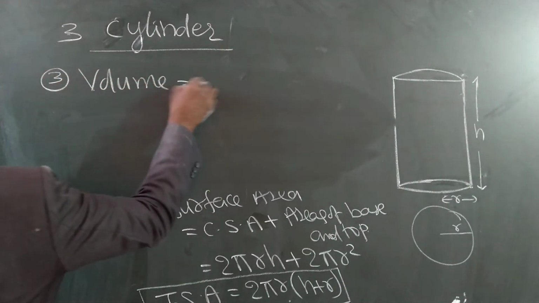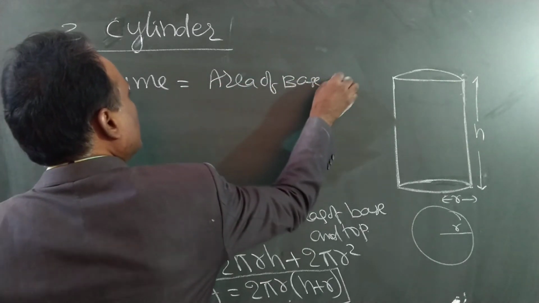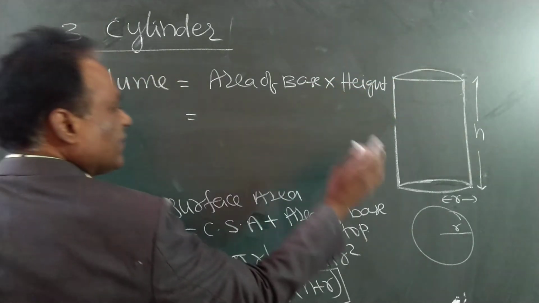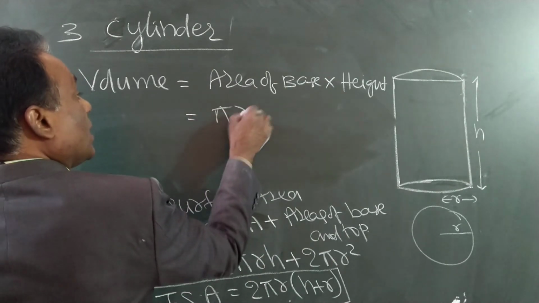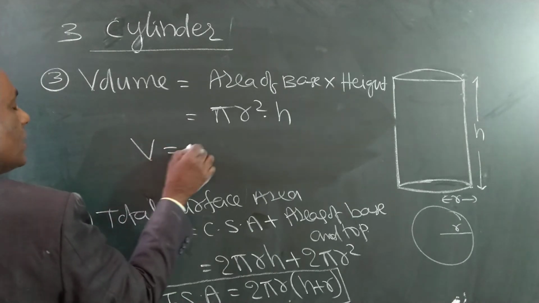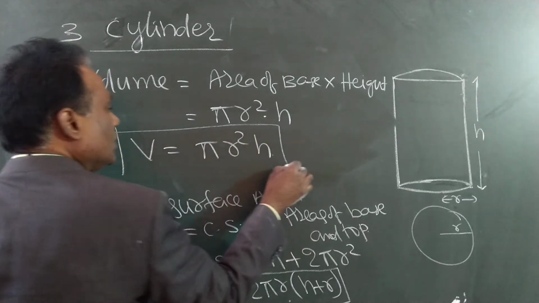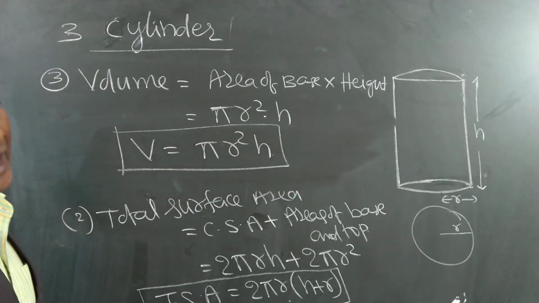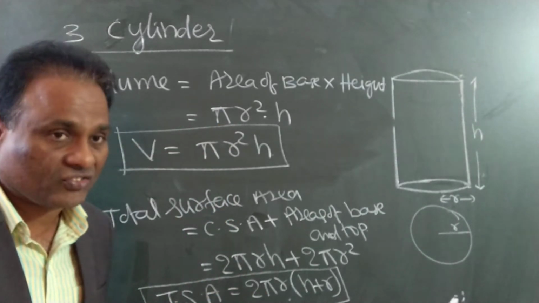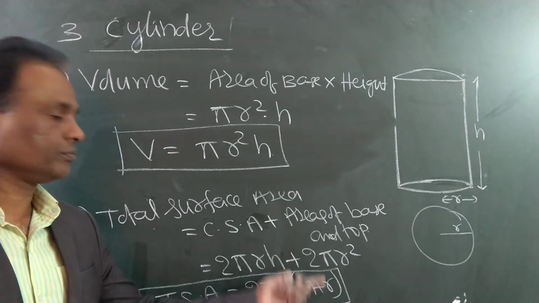Volume of cylinder. For volume, I gave this formula: area of base into height. Base is a circle, the area of a circle is pi r square, into height h. Therefore, directly remember the formula for the volume of a cylinder, V is equal to pi r square h. Three formulas I gave. Curved surface area of the cylinder is 2 pi r h. Total surface area of the cylinder is 2 pi r into r plus h.